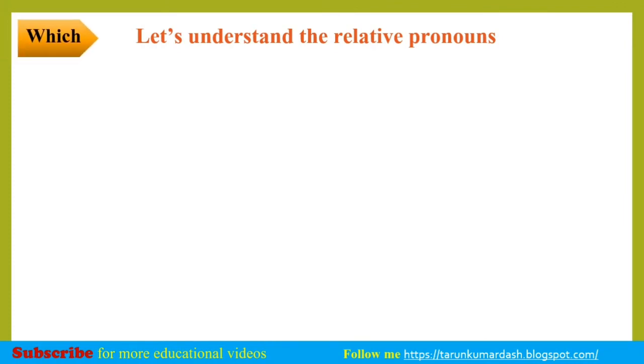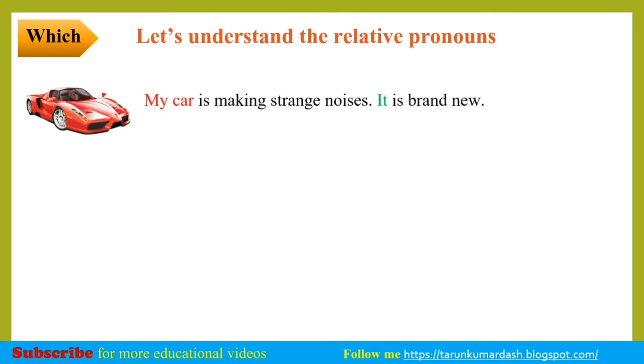Now the word comes as which. The sentence is, my car is making strange noises. It is brand new. So here the question generally comes, which is brand new? But here I can say we don't need any information about the brand of the car.